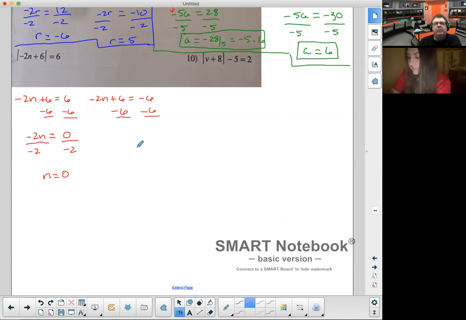Then negative 2n equals negative 6 minus another 6, so it's negative 12. You owe someone $6 and now you owe them another $6. They're like, give me my $12.